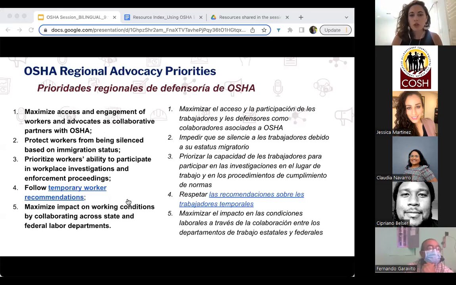our regional groups, along with other folks from across our network and workers and worker rights folks across the country, are headed to DC at the end of this month to participate in a Workers' Voice Summit that OSHA is hosting at the Federal DOL building. And as part of that process, we've really identified some key asks that workers across the country have for OSHA that we're going to be elevating throughout the summit and afterwards.